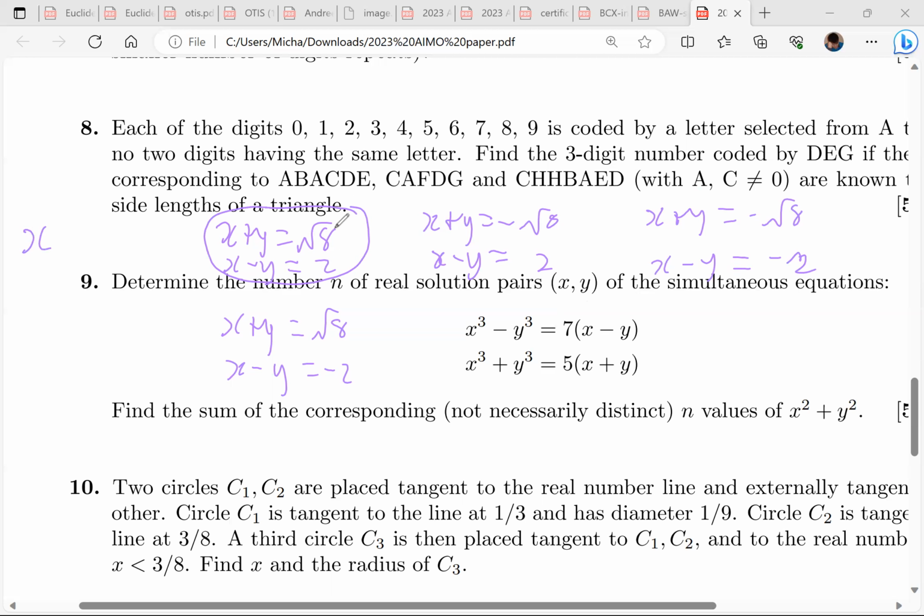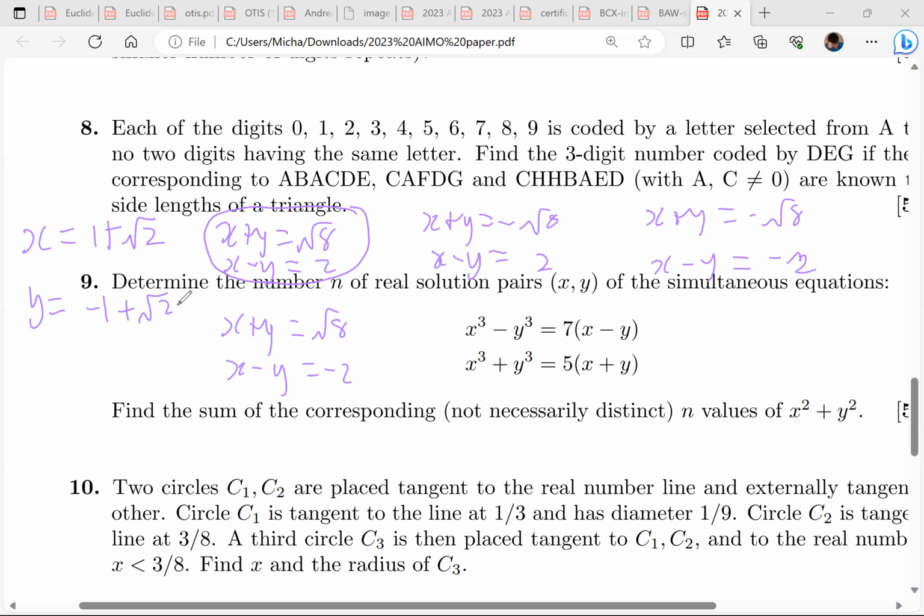So then x is equal to 1 plus root 2, okay? And if x is 1 plus root 2, and x minus y is 2, then y is equal to minus 1 plus root 2.